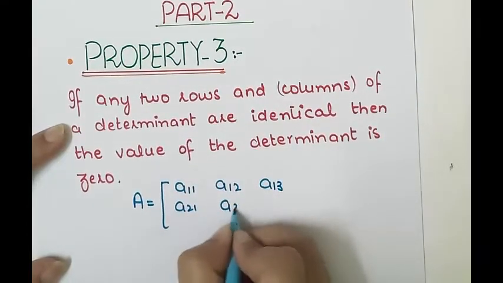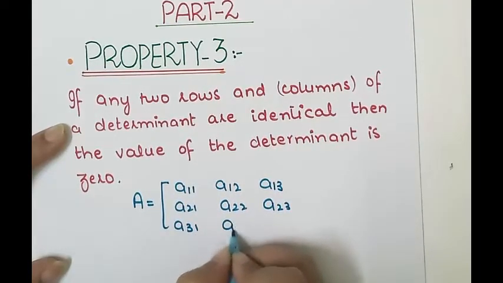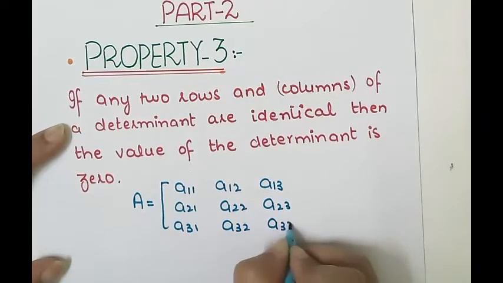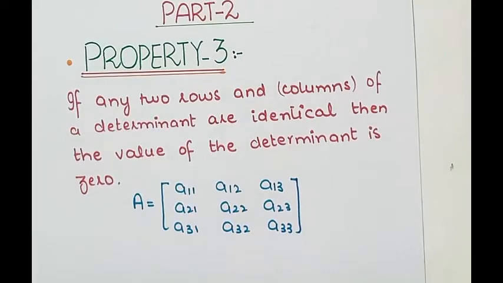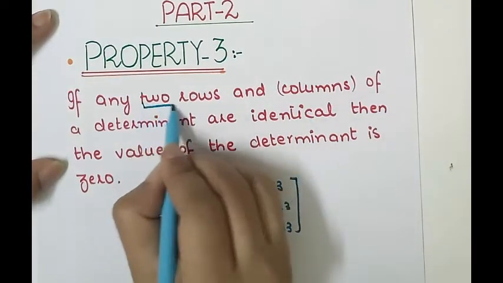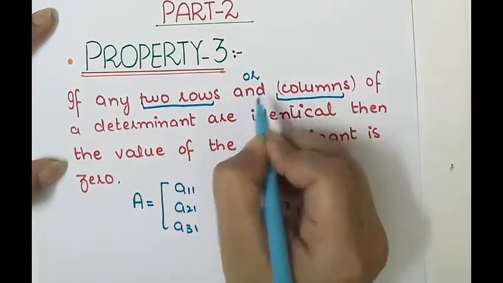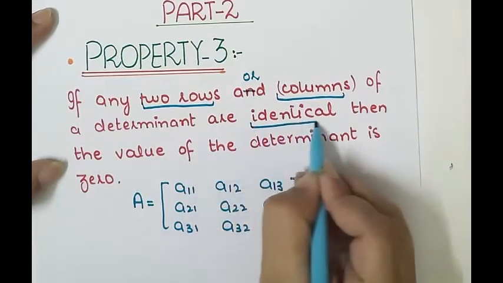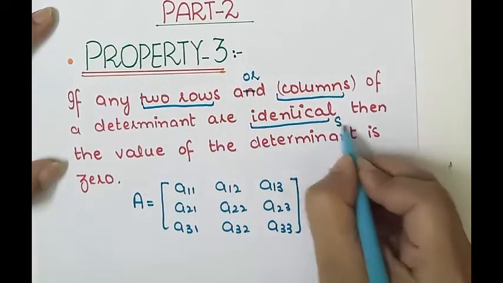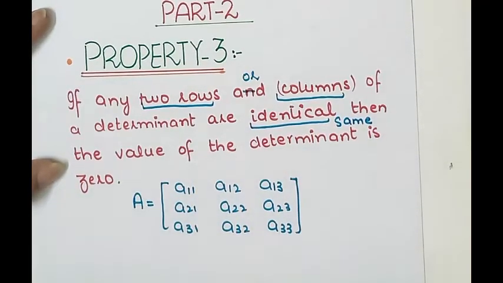Similarly, A21, A22, A23, A31, A32 and A33. So if we have any two rows or columns of a determinant that are identical, identical means same, then the value of the determinant is 0.